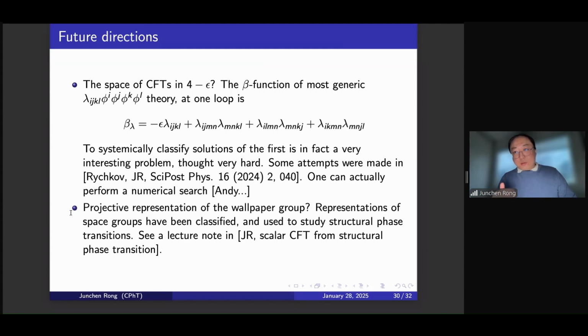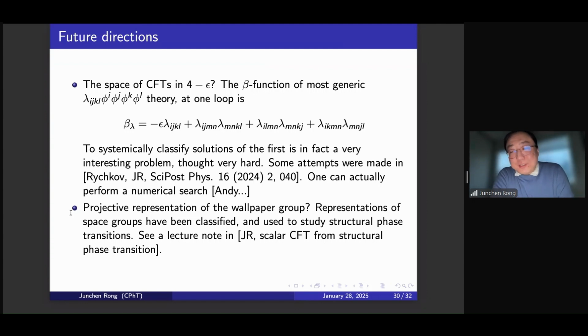in the case of structural transition, when there's no projective representation, just the actual representations, mathematicians worked really, really hard in the early days. They classified all the representations of the space group. There are 230 something, I forgot the number, space groups. They did the classification of their representations.